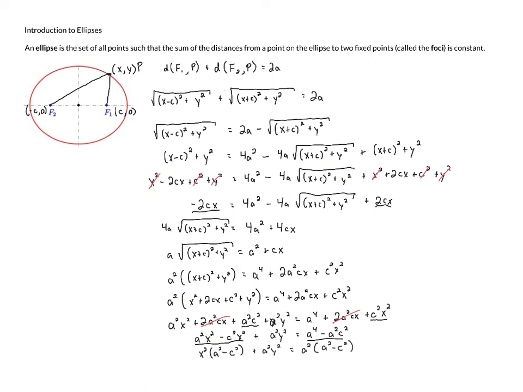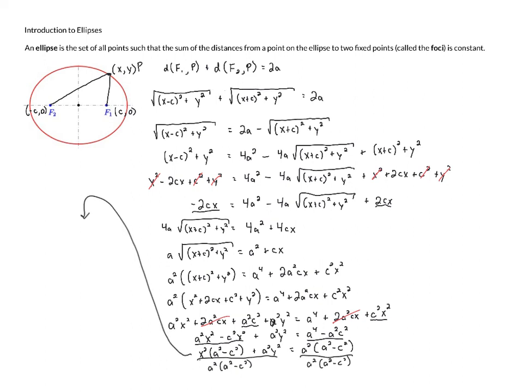And then we are going to divide both sides by a squared times (a squared minus c squared). I'm running out of room here, so I'm going to have to put this up and to the left.